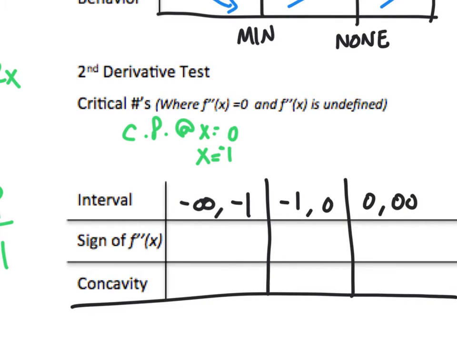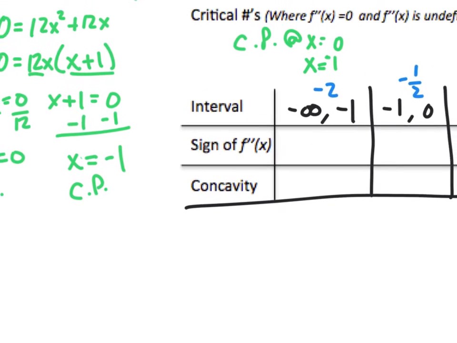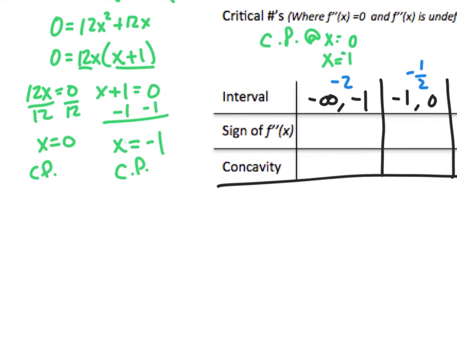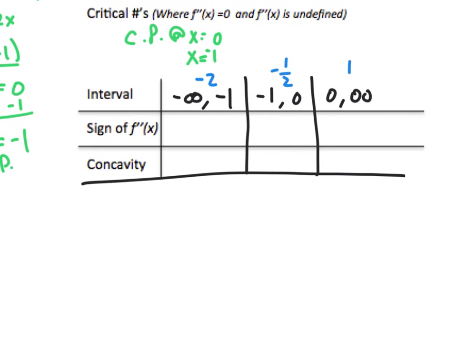So let's figure out some points to plug in and check my second derivative. I'm going to choose values of, say, -2 here. I'm going to do -1/2 here, and then I'm going to do 1, okay? And so I'm going to plug those into my second derivative. So I'm going to do f double prime of -2 first.